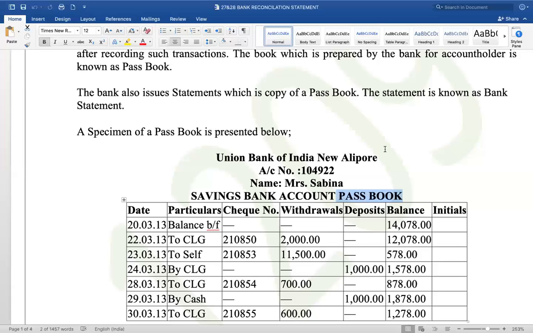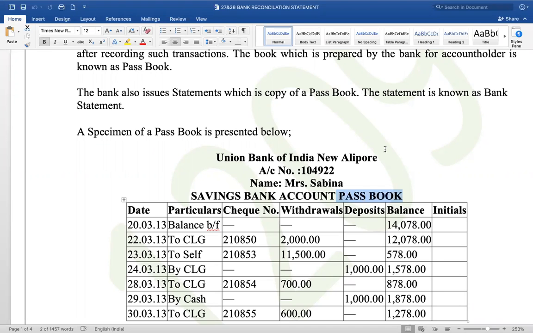The cash and bank columns are balanced, whereas the discount columns are not balanced; they just take totals on both debit and credit sides. The closing balances of bank and cash are arrived at.